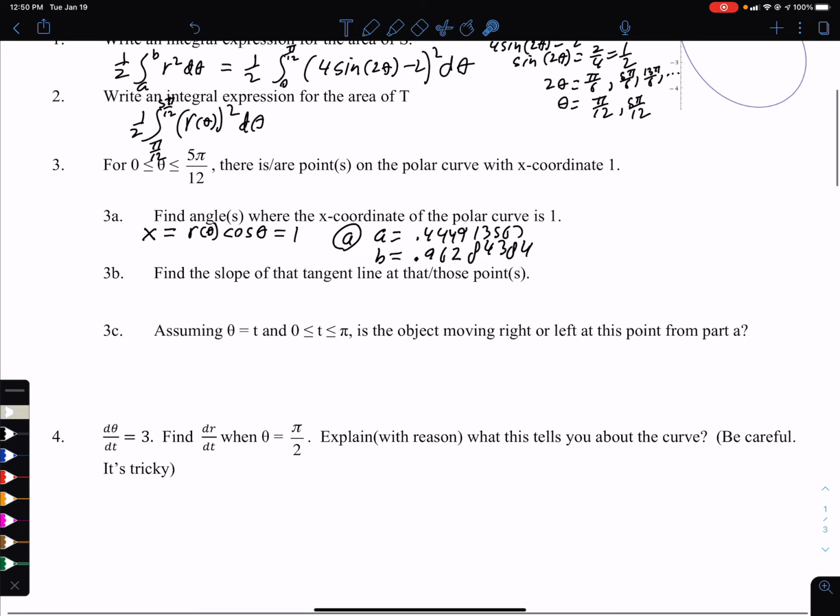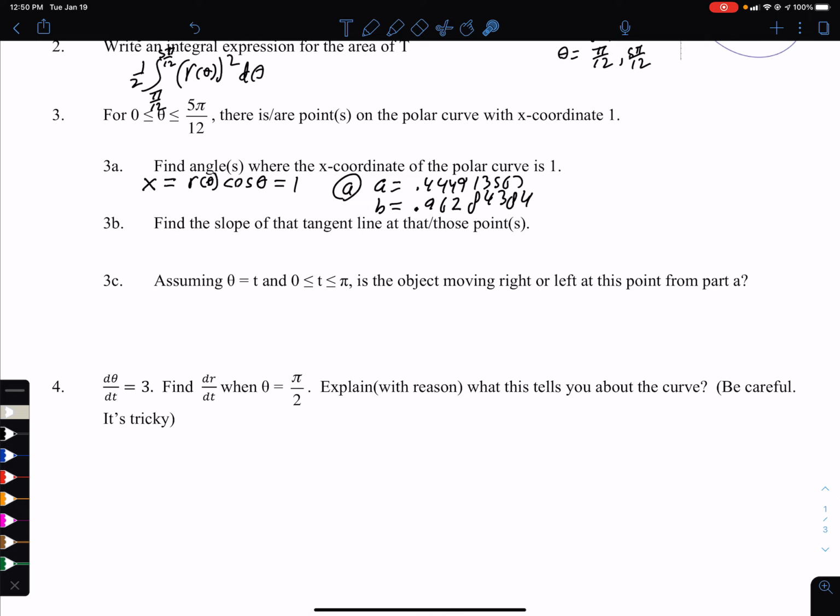3b, find the slope. So again, it's important that you tell the grader how you do what you do. So dy/dx at theta equals a will be dy/d theta at theta equals a over dx/d theta at theta equals a.